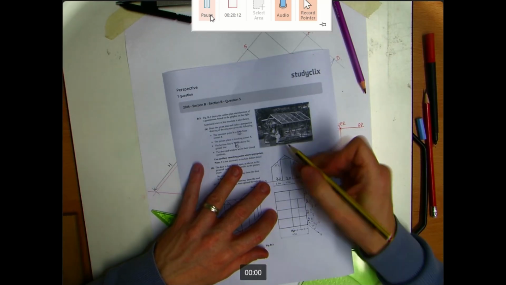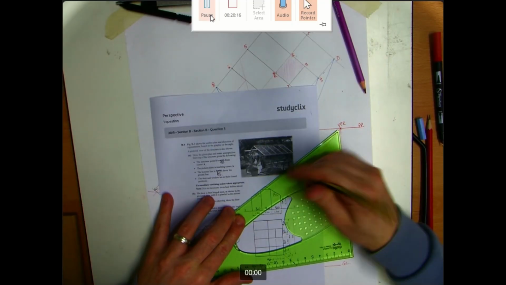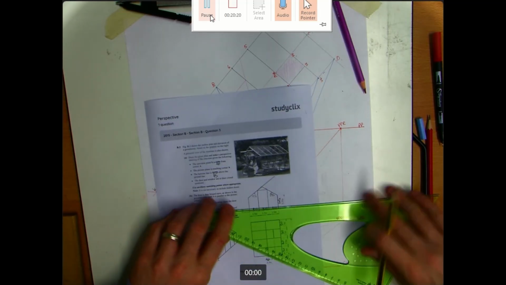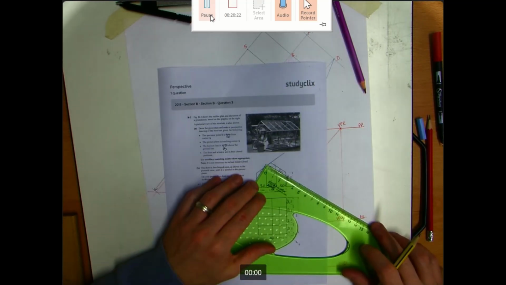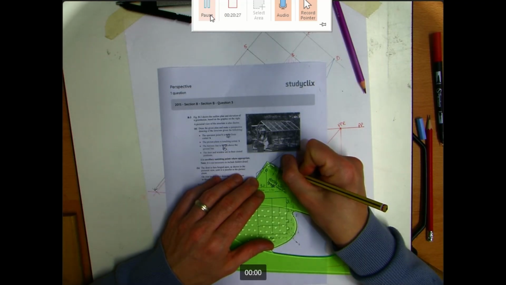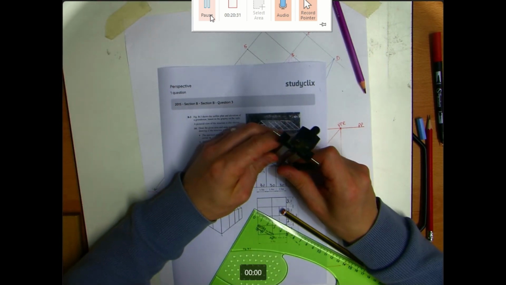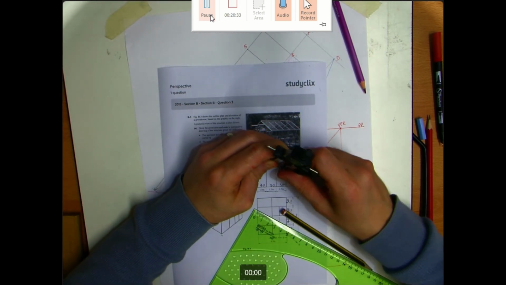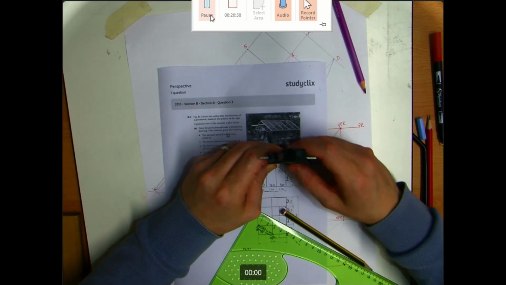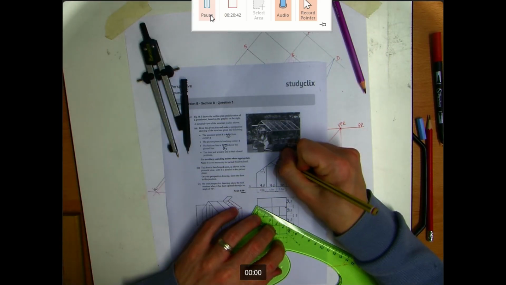And so if we were to continue this window on in this direction, and we take our window and we rotate it open, that is going to be your angle of 70 degrees.